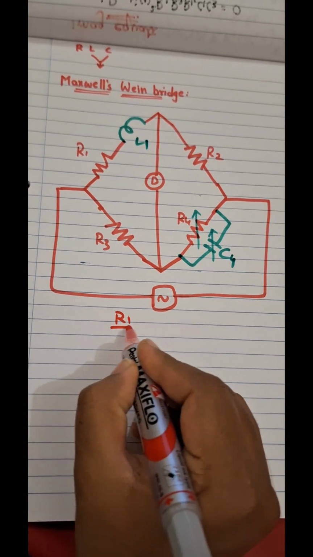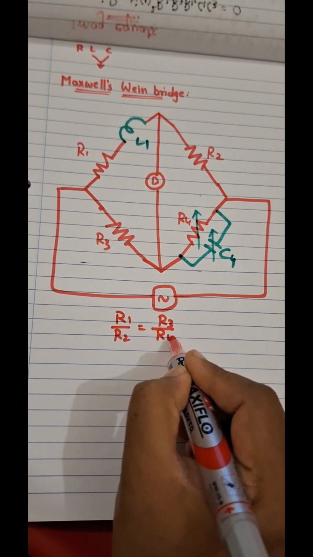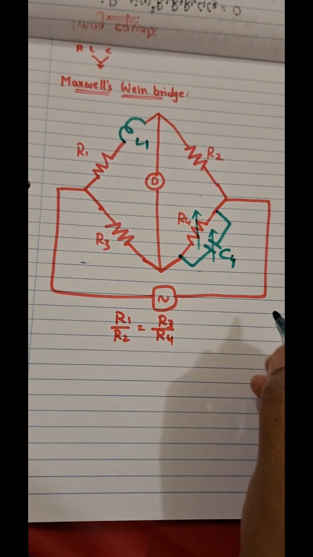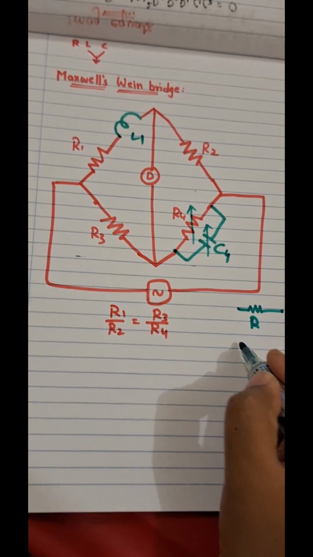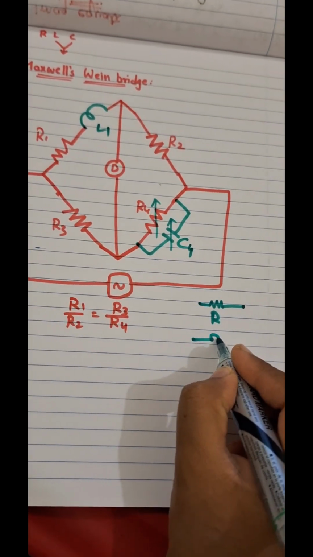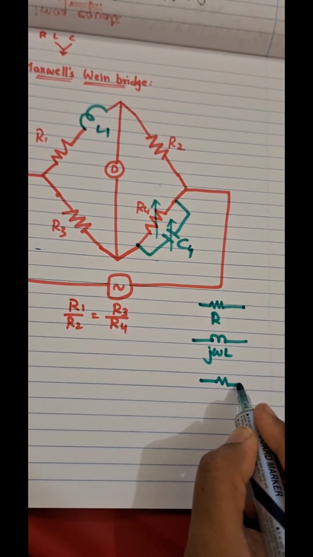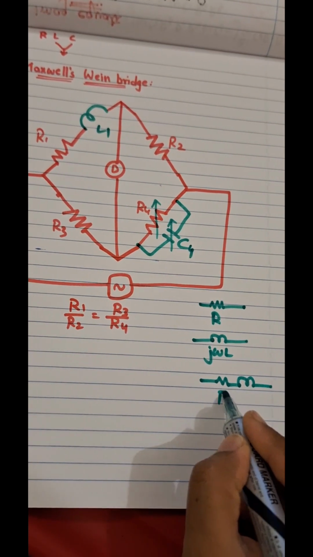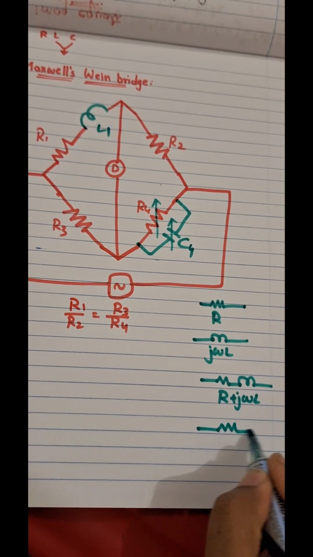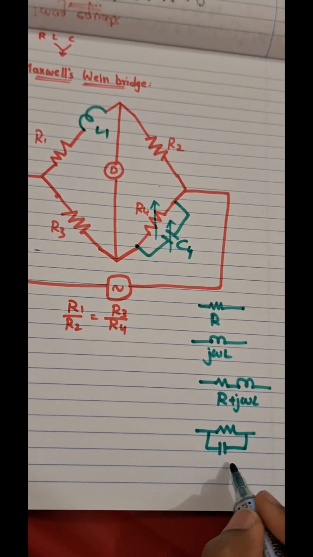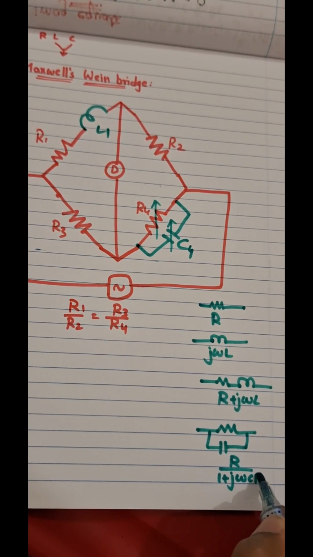According to the bridge, R1 by R2 is equal to R3 by R4. But here, if you remember, resistance means we will have R. Inductance means we will have j omega L. Resistance in series with inductance means R plus j omega L. Resistance in parallel with capacitance means R by 1 plus j omega CR.